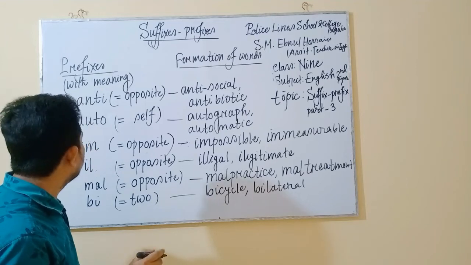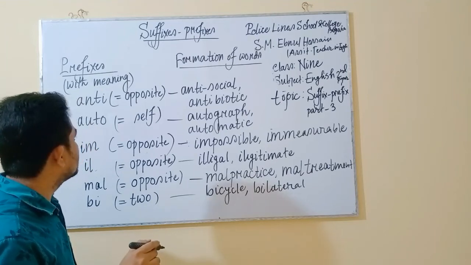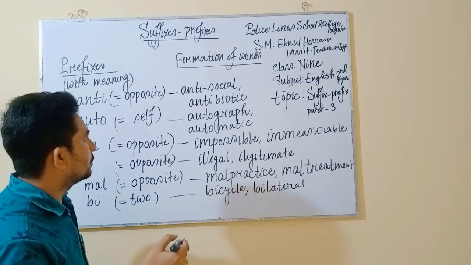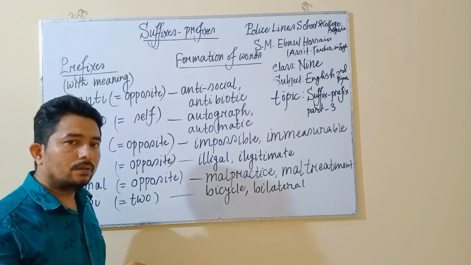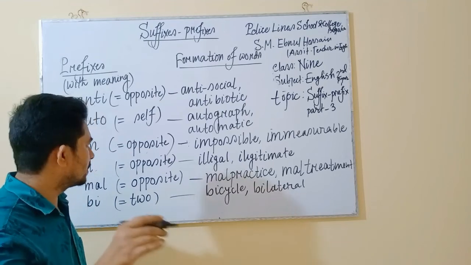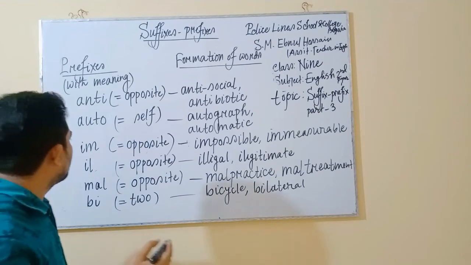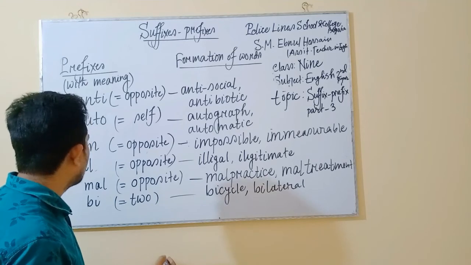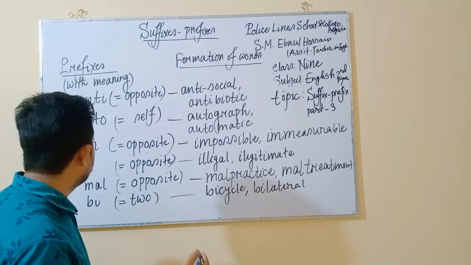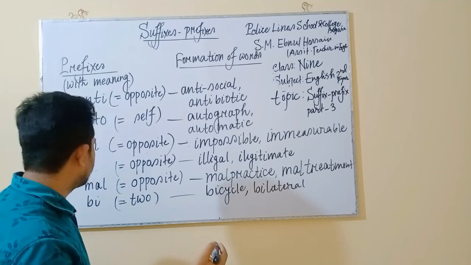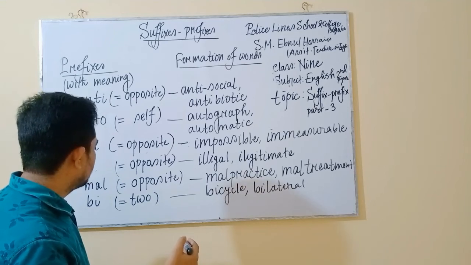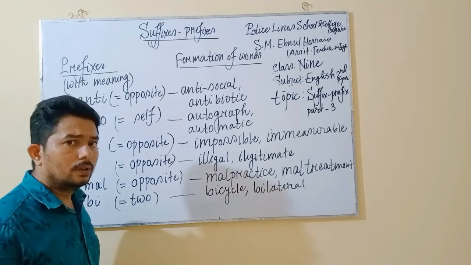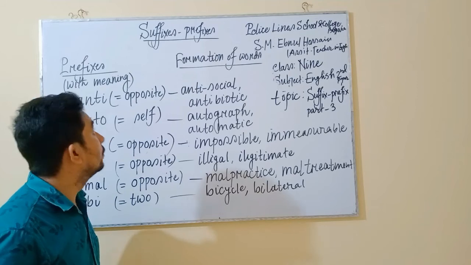AUTO gives the meaning self: autograph, automatic, autobiography, and so many words you can form by adding the prefix. IM, opposite: impossible, immeasurable. IL, opposite: illegal, illegitimate. Malpractice, maltreatment. BI, that means two: bicycle and bilateral. Now we are going to learn more prefixes.